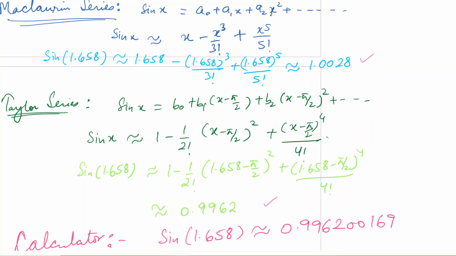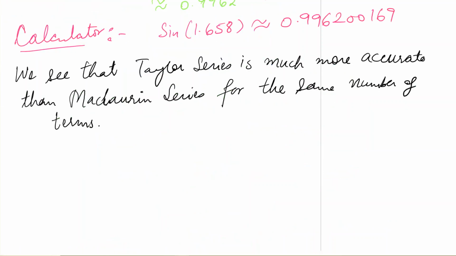So what conclusions can we make from here? We can say that the Taylor series is more suitable to evaluate sine of 1.658 because it's much more accurate than the Maclaurin series for the same number of terms. Geometrically, we do not really have to extrapolate so far with the Taylor series as we need to do with the Maclaurin series.